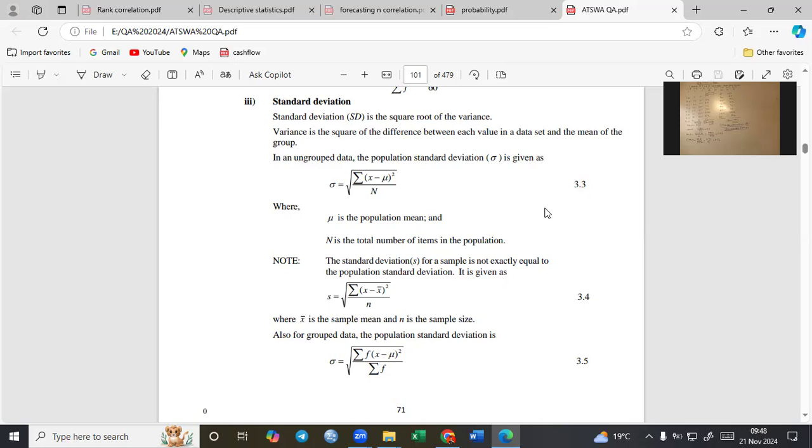So write down, and we say standard deviation is the square root of the arithmetic mean of the square of the deviation measured from the mean.